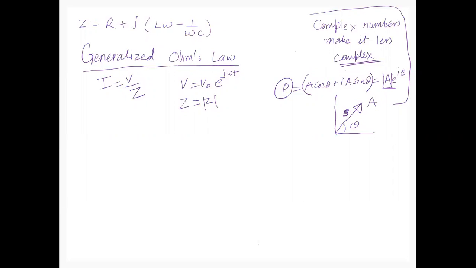So absolute value means the length of the vector. A equals the square root of x square plus y square, right? So it always is positive. That's why I call it magnitude. I take the absolute value because my length is always positive. So my Z can be written as absolute value of Z e to the j phi.